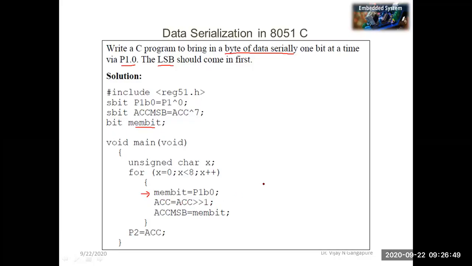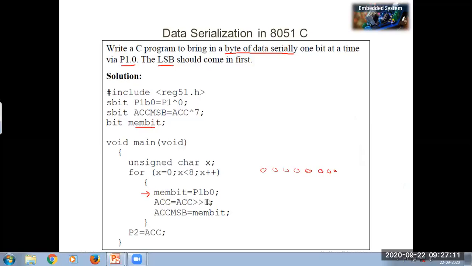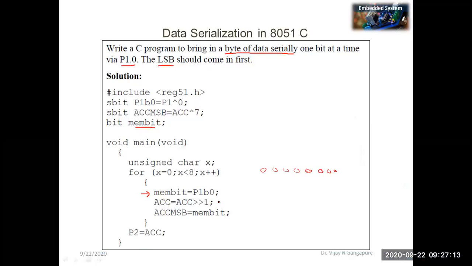So irrespective of whatever data is there, suppose initially data in accumulator is 0 0 0 0 0 0 0 0. So initially suppose all the bits of accumulator are 0. So due to this, first time this accumulator content will get shifted towards right by one position, so there is no effect on this data in accumulator first time when this statement executes.